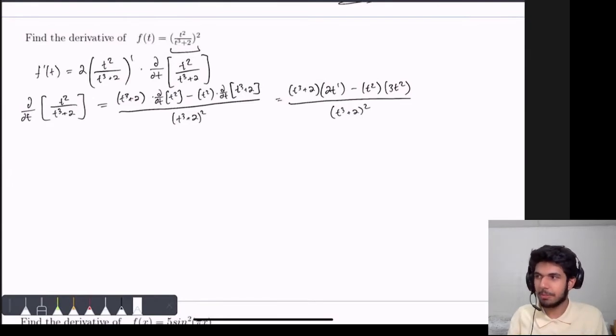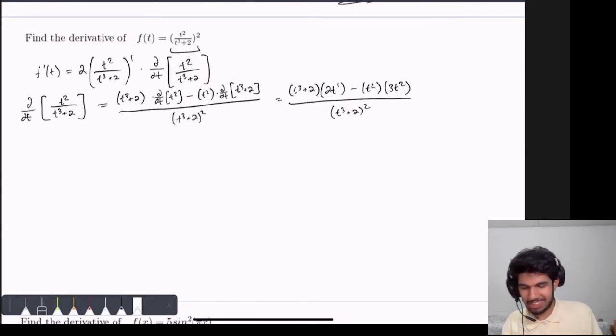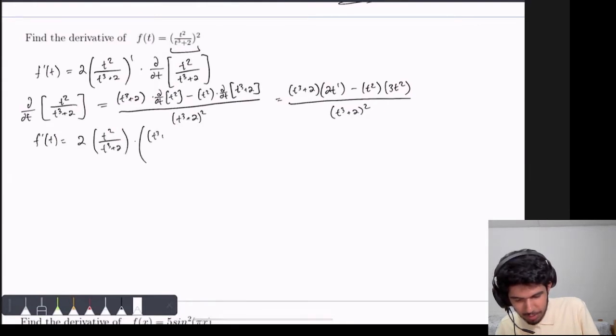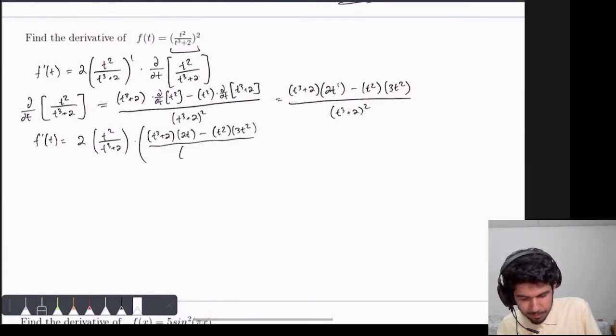Well, we can simplify it if we want to, but I don't really feel like doing that. So we'll just say that f prime of t equals 2 times t squared over t cubed plus 2 times this huge thing, (t cubed plus 2) times 2t minus t squared times 3t squared, all of this over (t cubed plus 2) squared.